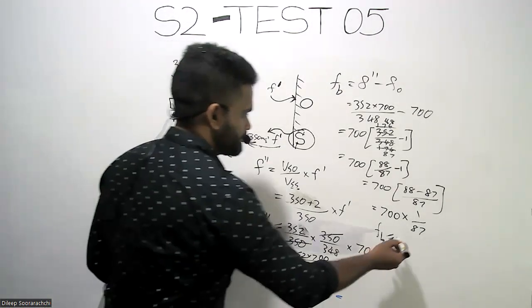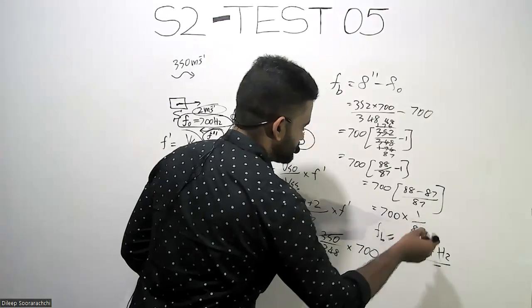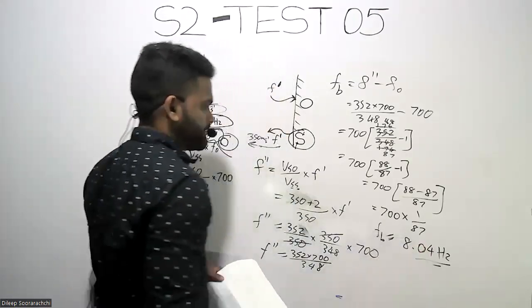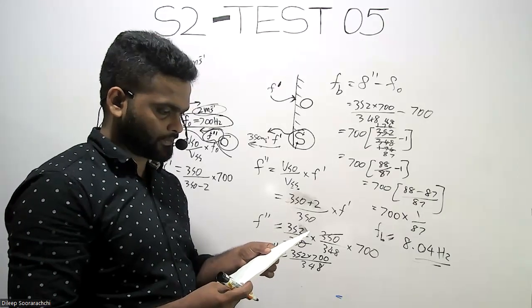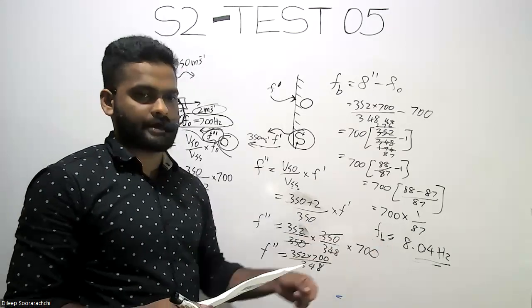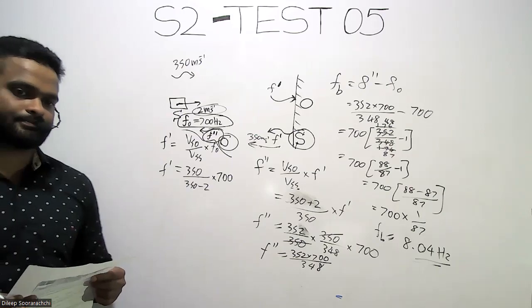So it is 8.04. If this is too hard, you can use logarithms. So it is going to be 8.04 hertz. So approximately the beat frequency should be 8 hertz. So that's the answer for the 10th question.